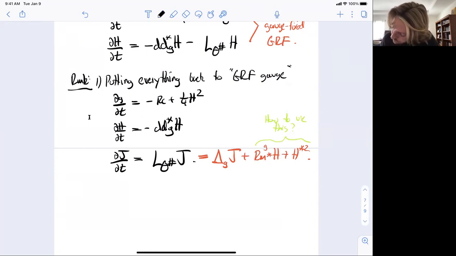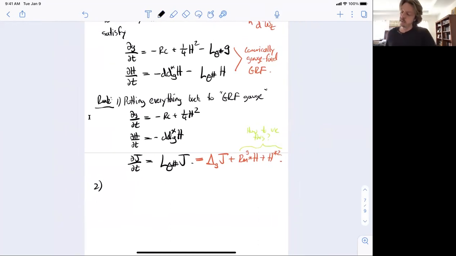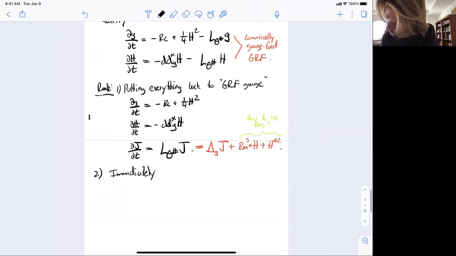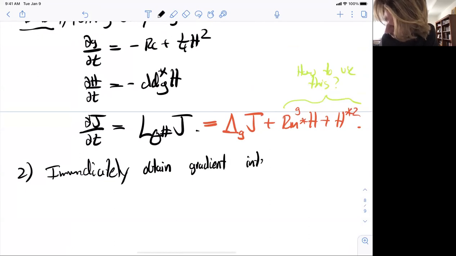And then the second is, since we've now shown that this pluriclosed flow is generalized Ricci flow in disguise, we immediately obtain a gradient interpretation for pluriclosed flow.